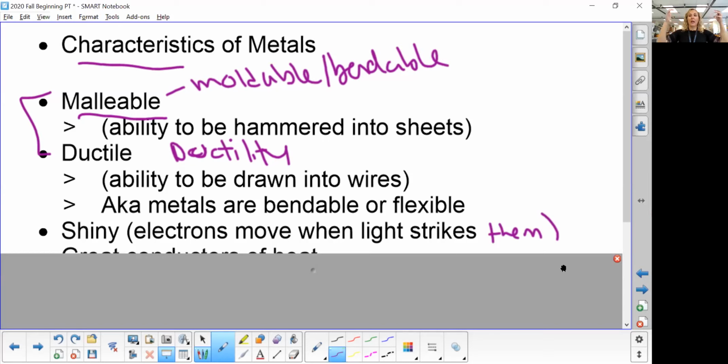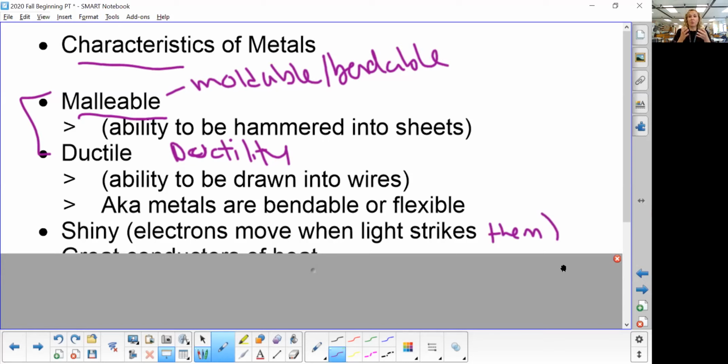So when energy strikes the surface of a metal, those electrons are able to move more freely. And when electrons move from the ground state to the excited state and then fall back down to their ground state, we know they emit light. If they can do that more easily with less energy input, then they are going to reflect the light.